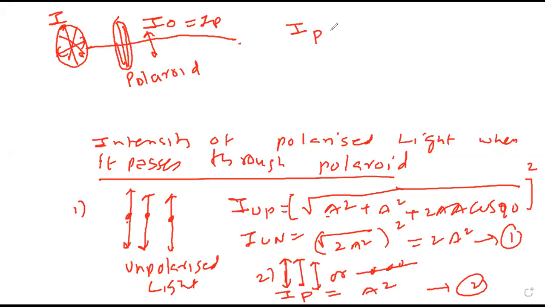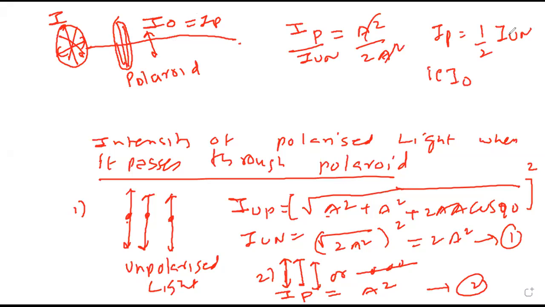So I of polarized light upon I of unpolarized light equals a square upon 2a square. Therefore, I of polarized light is half of I of unpolarized light. This polarized light I call I naught, unpolarized I call I. So if polarized light comes out, it will be half the intensity of the original.